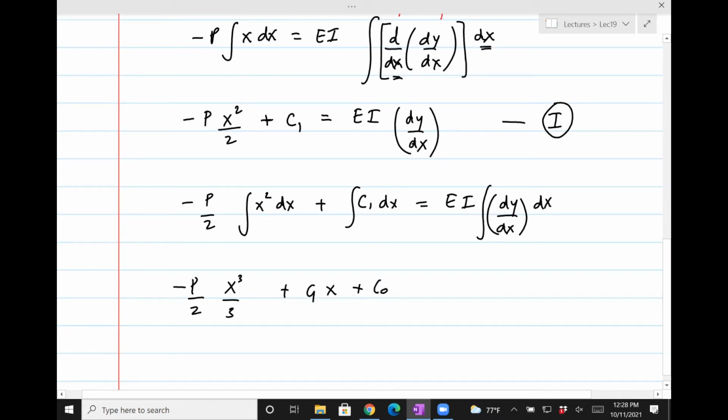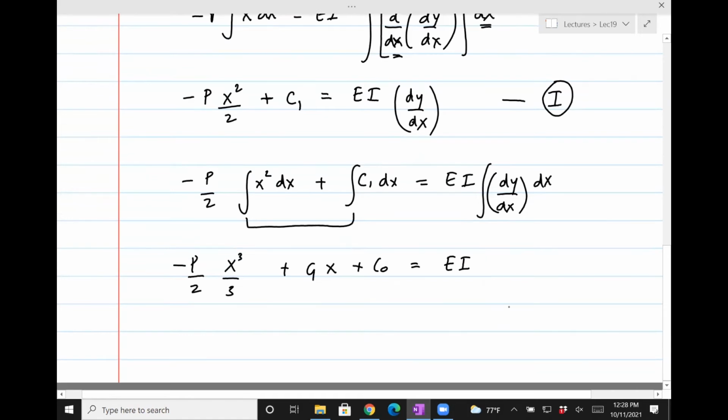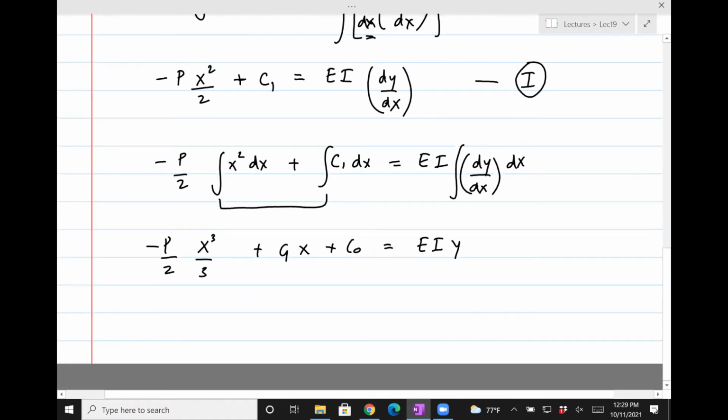This is the constant of integration when we integrate this whole expression, right? There would be a constant, equals EI. So now the integral of the first derivative is the value itself, so it's y. Okay, so let's just call this 2.